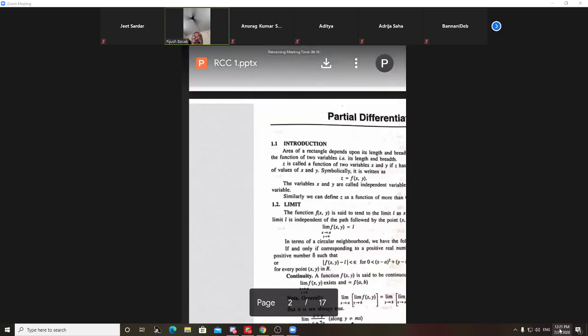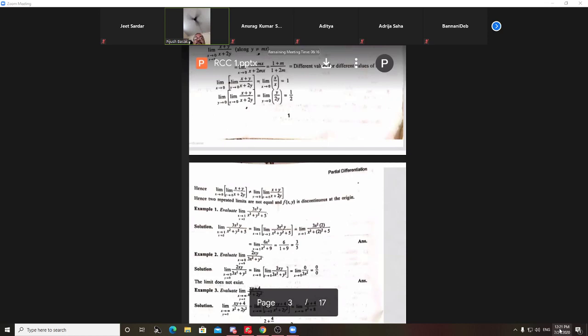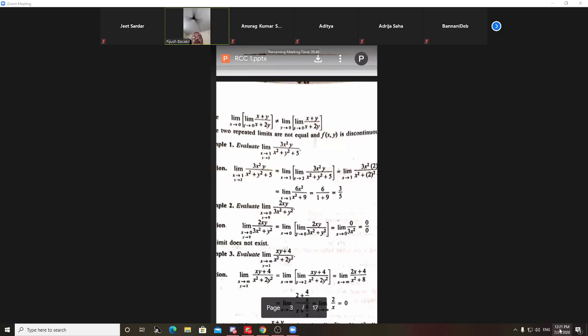But I'll dictate to you how to find the limit. Suppose the problem is: limit x tends to 1, y tends to 2, find the value of 3x square y by x square plus y square plus 5. Or simply you set the limit earlier to 2, because at the bottom there is y tends to 2. So you substitute 2 instead of y, and then you substitute 1 in place of x.